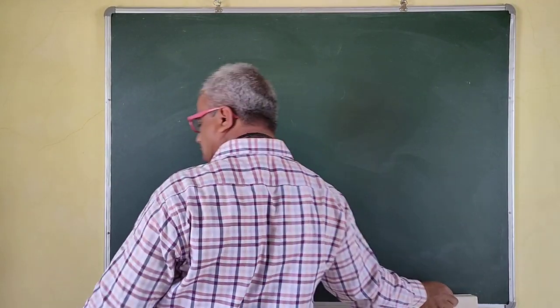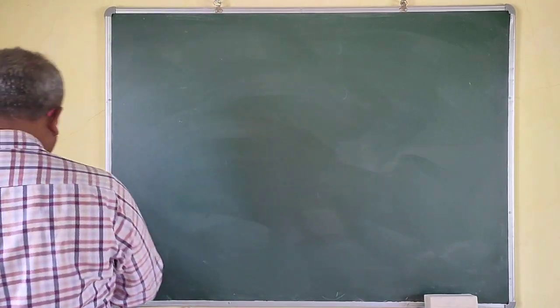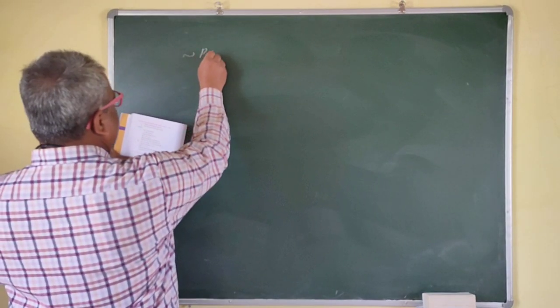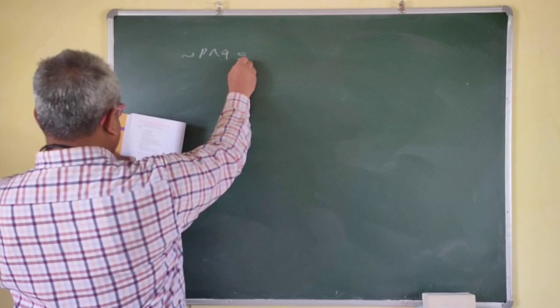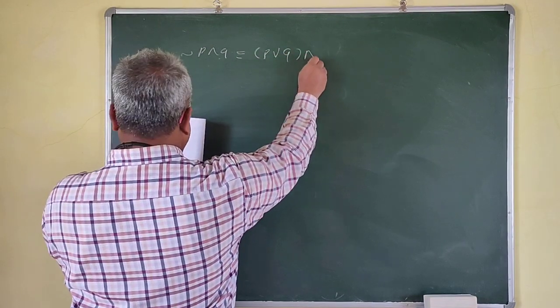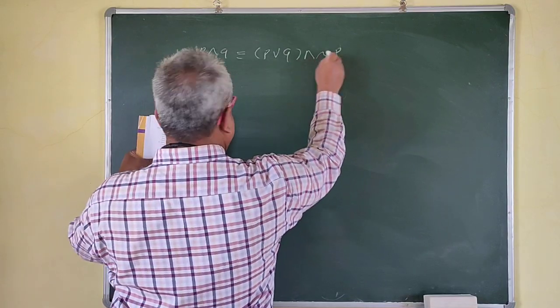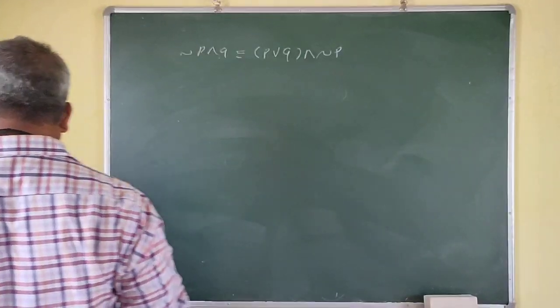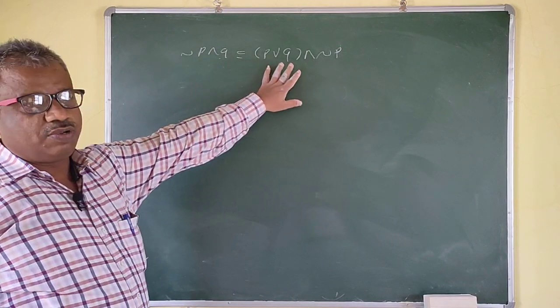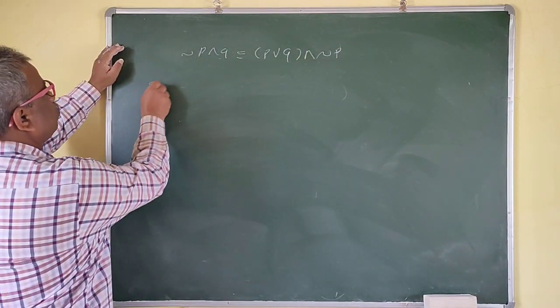So everywhere you have to take care. Now next, negation of P and Q is logically equivalent to P or Q and negation P. So what we will do, instead of doing LHS, we will start from RHS, right? Solution.